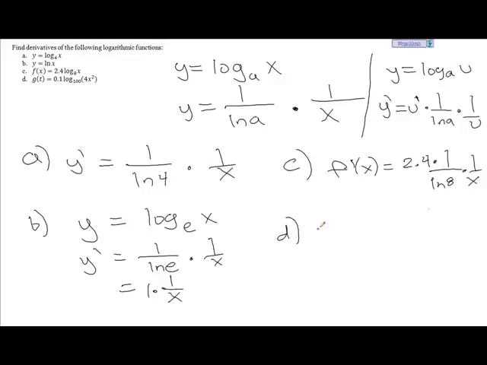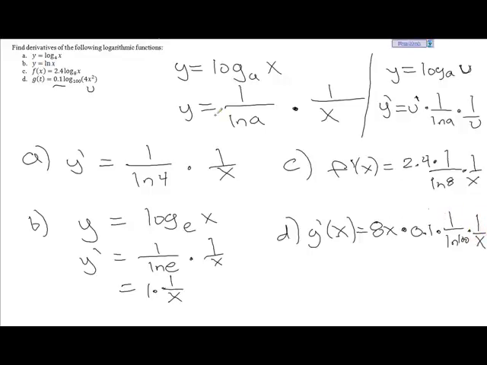Letter D is a little bit more involved. We have to use this version of the derivative here because now, in this case, our u is 4x squared, and so we have to pre-multiply by the derivative of 4x squared, which is 8x, times the coefficient here, times 1 over the natural log of 100 times 1 over x.